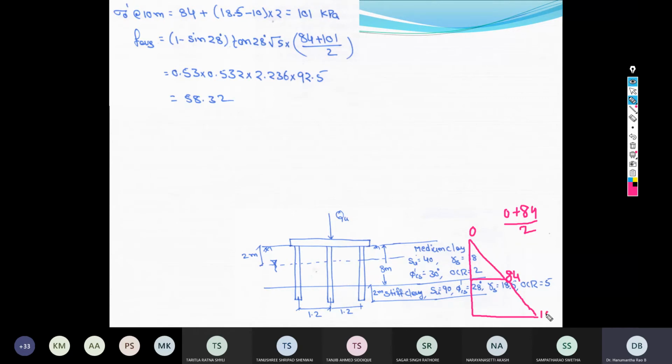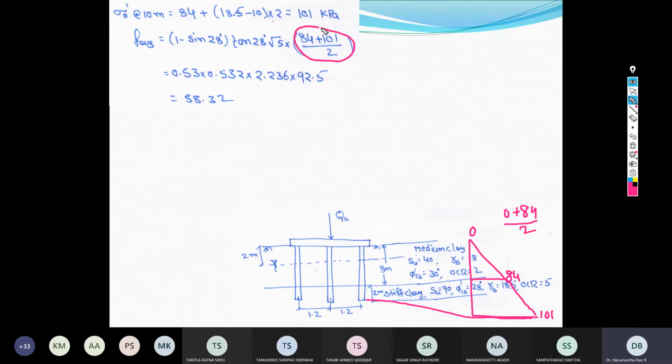Therefore, overall the initial effective overburden pressure at the pile tip is 101 kilopascals. Now I know the equation for f average: 1 minus sin 28 into tan 28 into square root of 5 into the average sigma naught dash, that is (84 plus 101) by 2.